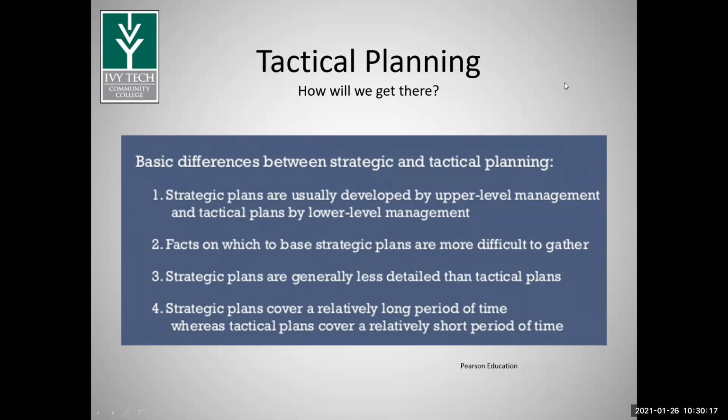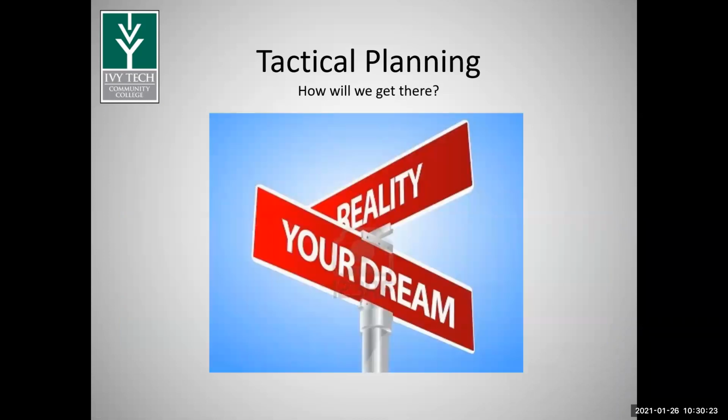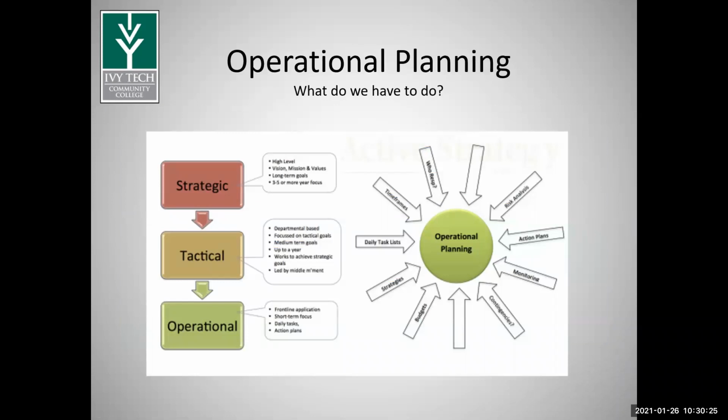Tactical planning is where we roll up our sleeves and say, what are we going to actually do? It's the how we're going to get there. And then you move into operational planning, which includes supply chain planning. You start getting at the department base.